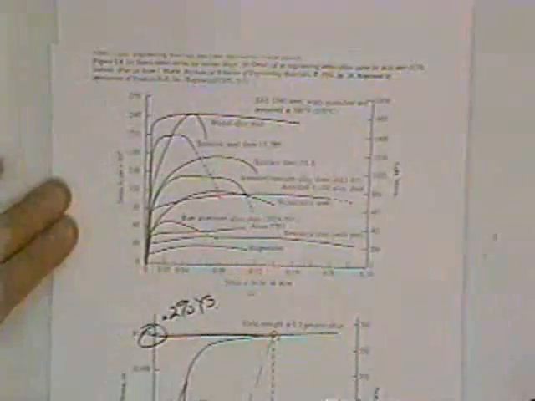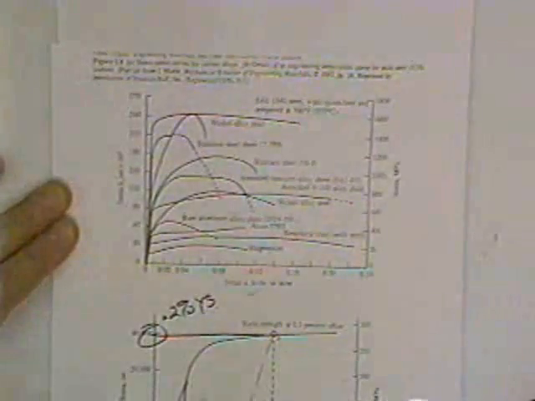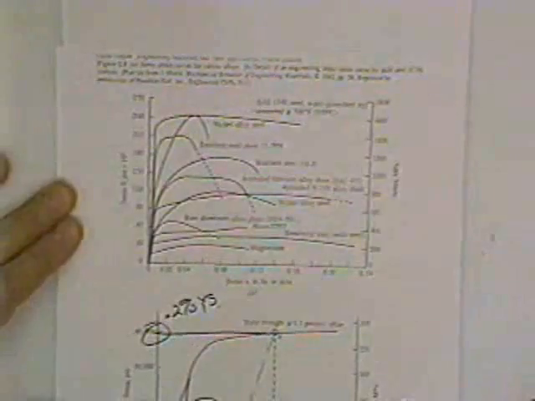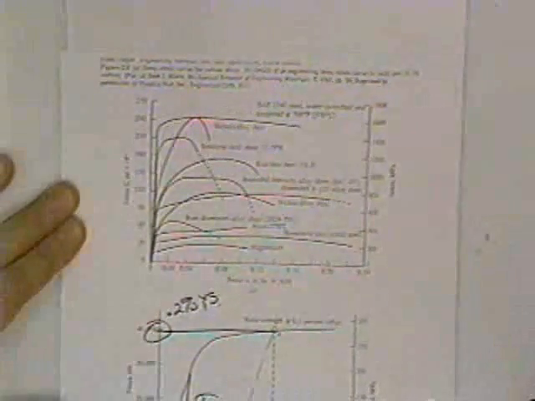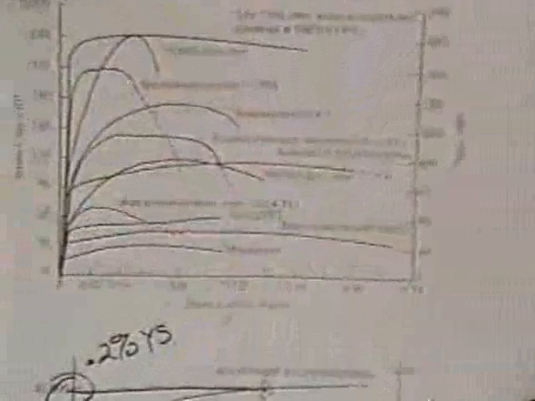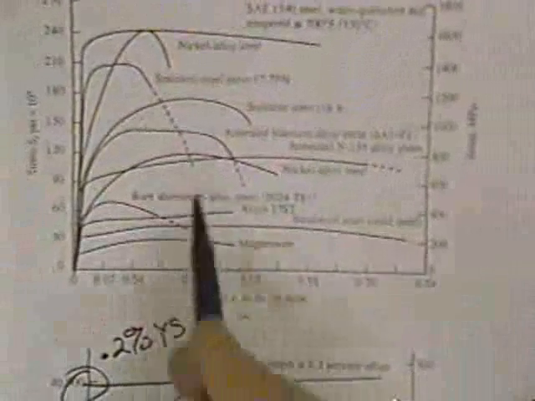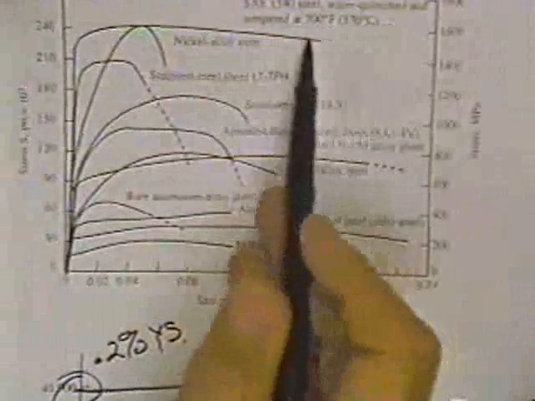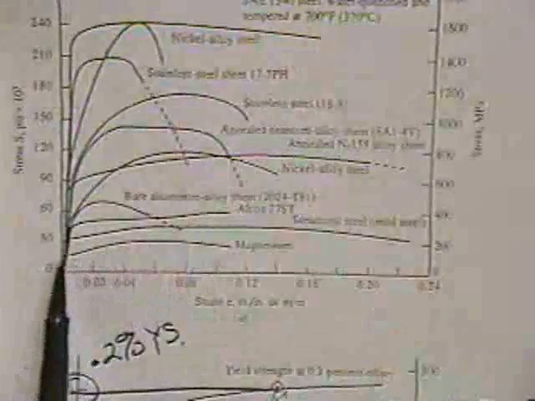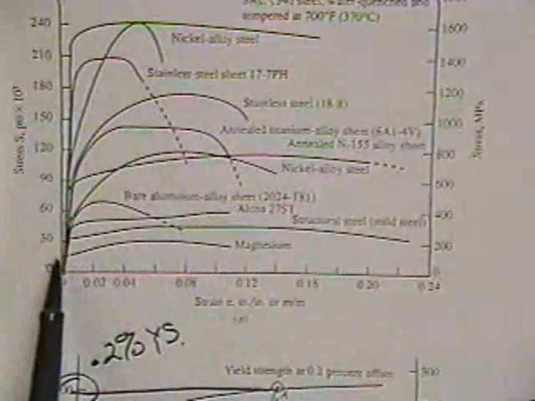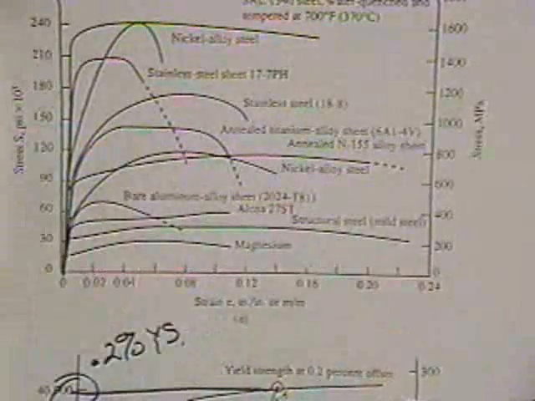If you go back with me to page 31, you can see on the top portion of it a series of stress-strain curves. I was just trying to enlarge it a little bit. There we go. You can see from magnesium to a quenched and tempered steel that the strengths vary from 15 to 240.